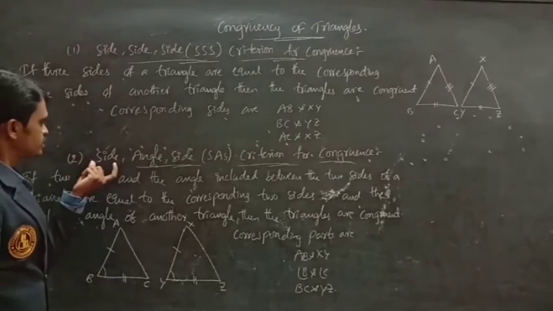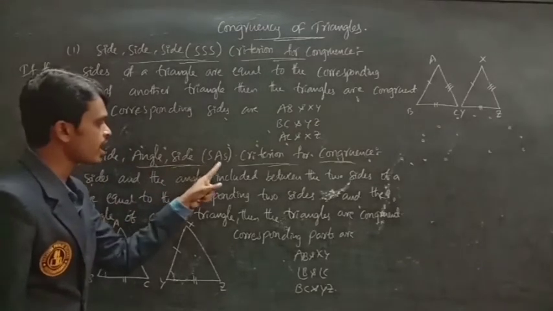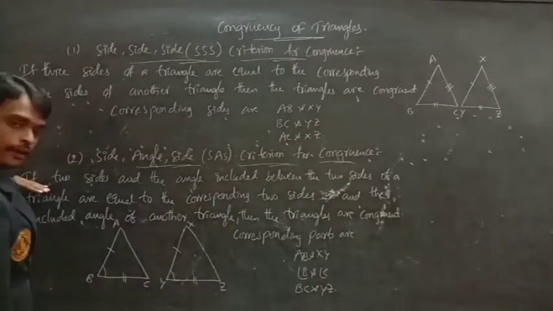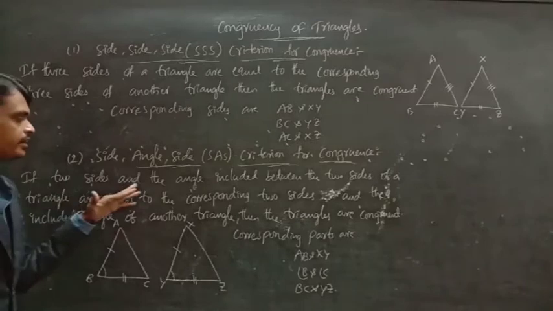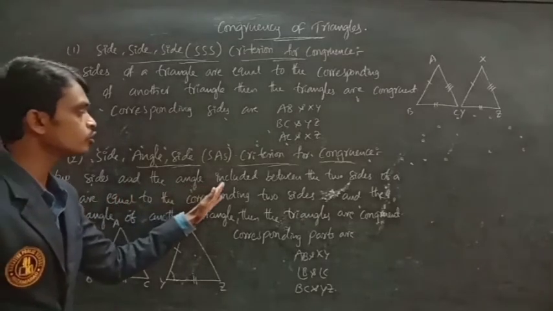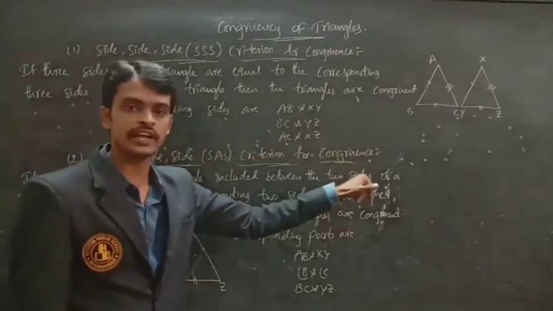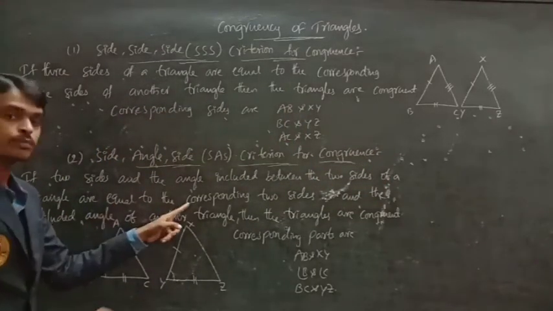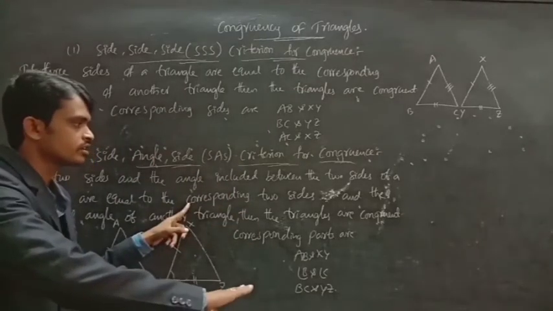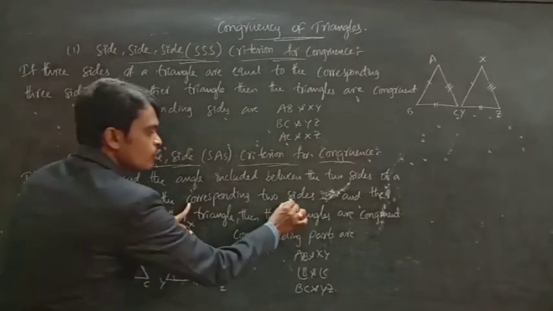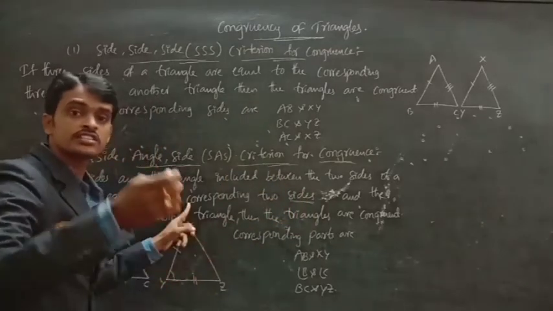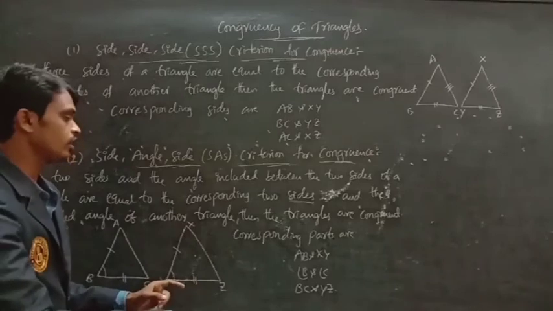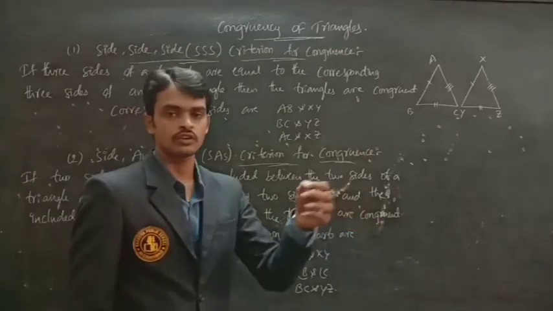Next, second rule, side angle side, SAS criterion for congruence. Here, if two sides and the angle included between the two sides of a triangle are equal to the corresponding two sides and the included angle between them of another triangle, then the two triangles are congruent.